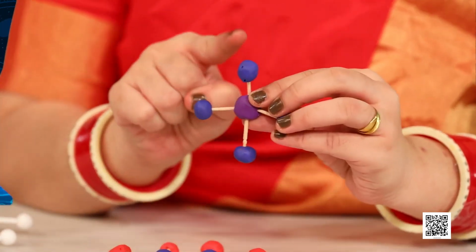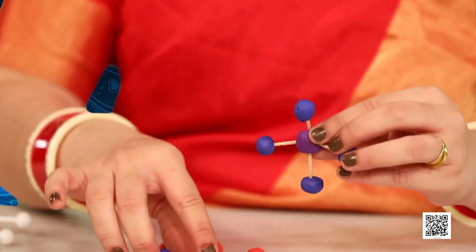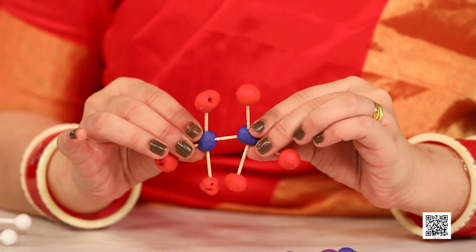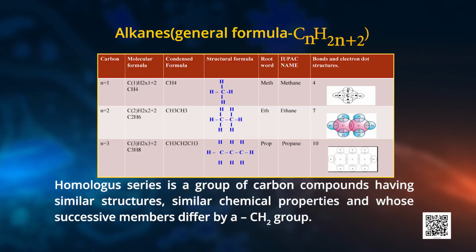As you have seen the first member of alkane, that is methane, with 4 single bonds, and if you try to compare this structure with this, there is presence of 1 CH2 group extra. So when each successive member differs by a CH2 group and you form a series out of it, that series is known as homologous series.